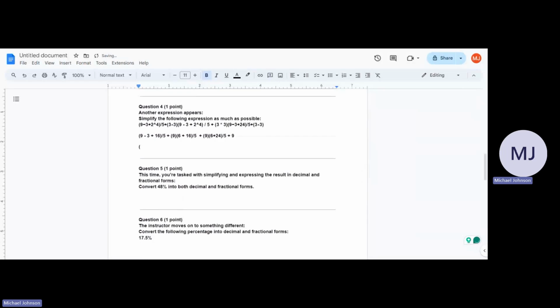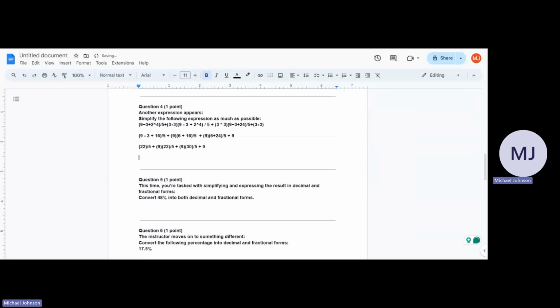So then you have 9 times 6 plus 16, that would be 22, divided by 5, plus 9. And then 6 plus 24 is 30. We can figure out what 9 times 22 will be.